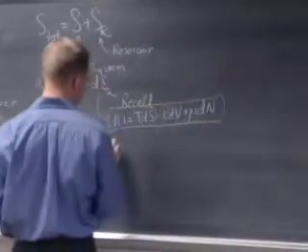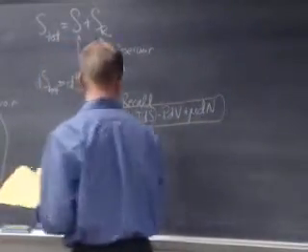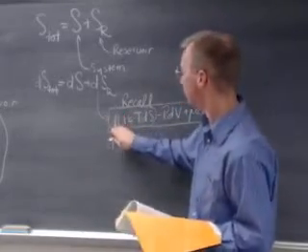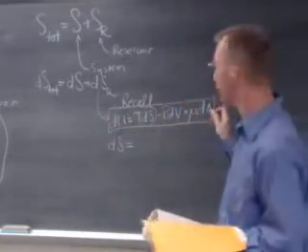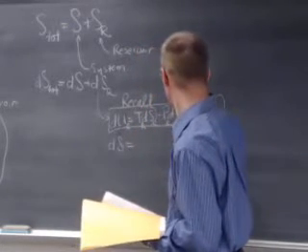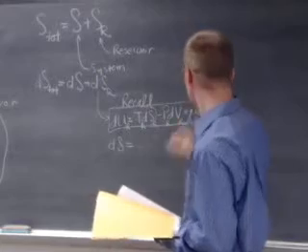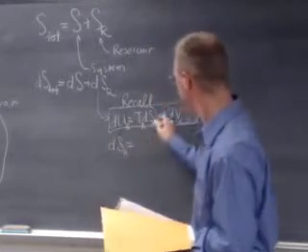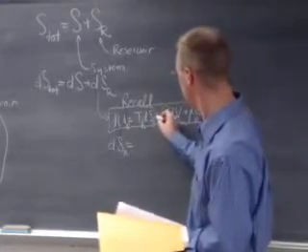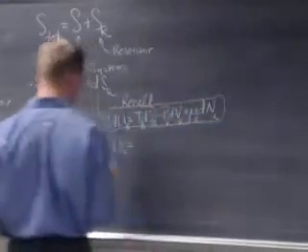So dS equals, and in fact, let me subscript this with R for reservoir, so I'll use the thermodynamic identity for the reservoir. I'm going to divide both sides by the temperature, and then put dS on the left-hand side.